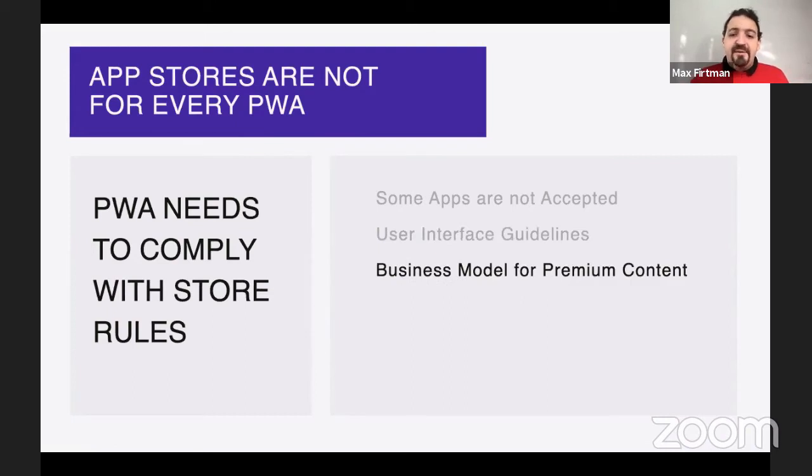Also, sometimes the business model for premium content should match App Store rules. Again, the Fortnite case. So you cannot offer premium content, or you cannot charge the user with credit card or with PayPal for digital services or content within your app, even if it's a PWA.